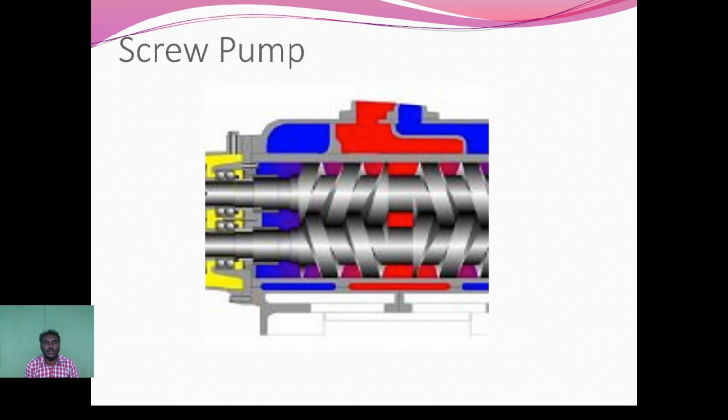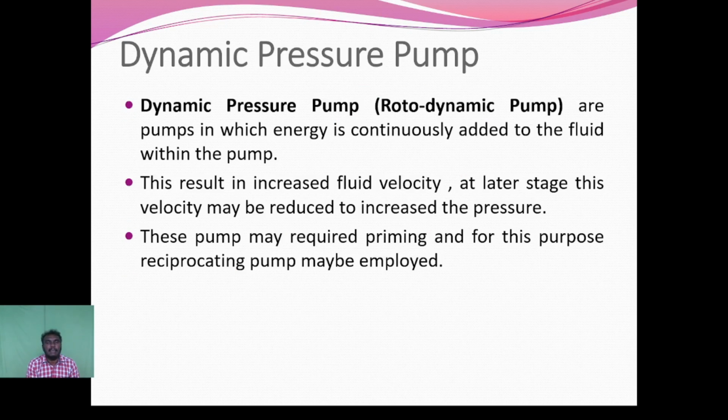Next, the screw pump. This is a schematic diagram of a screw pump. Dynamic pressure pumps, that means rotodynamic pumps, are pumps in which energy is continuously added to the fluid within the pump. This results in increasing the fluid velocity.